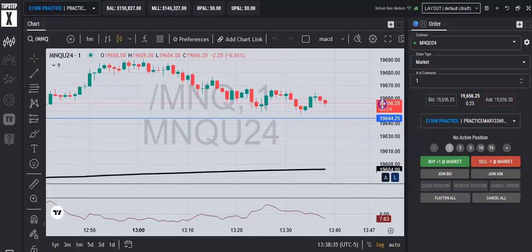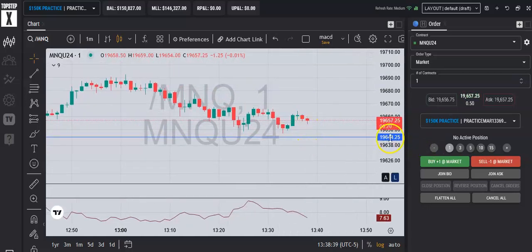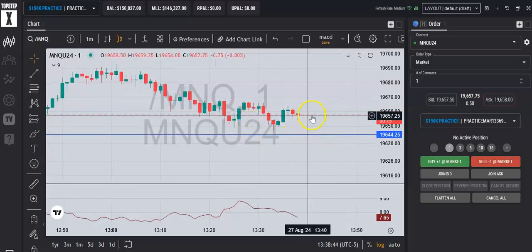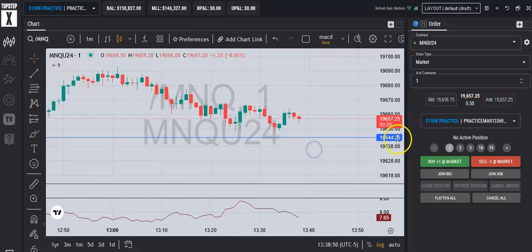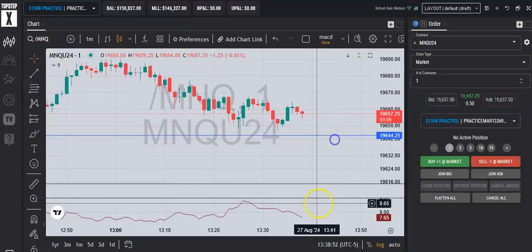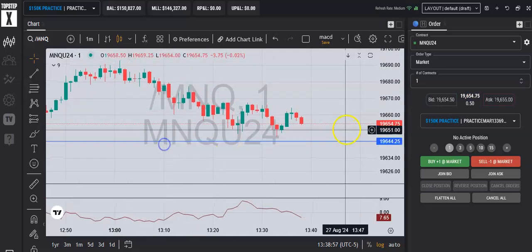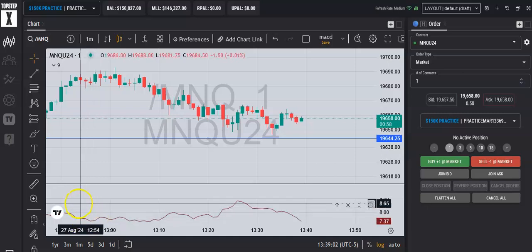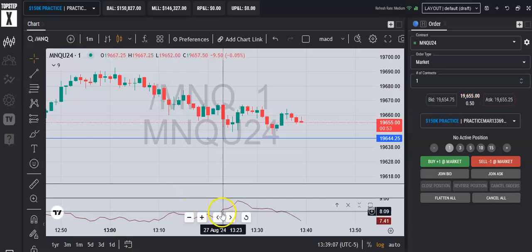In the current market environment we're in, we're seeing a lot of whipsaw. This is a 1 minute chart of the MNQ. You can see how it's changing direction very fast, with large wicks. The only indicator I put on the actual chart that I'm going to be scalping in, because I don't want any distractions, is the ATR, the average true range.